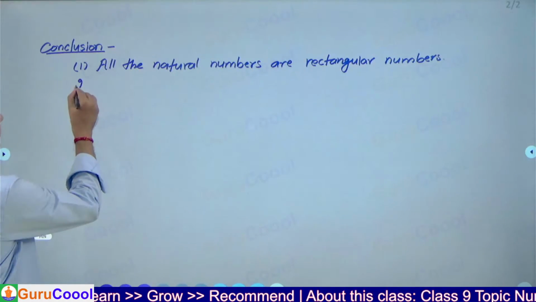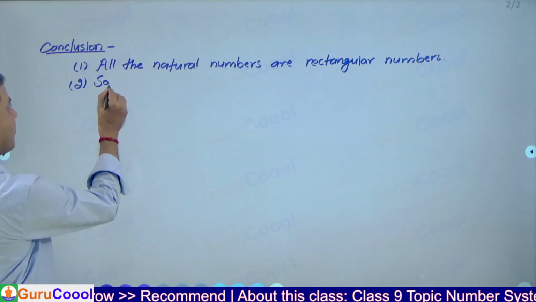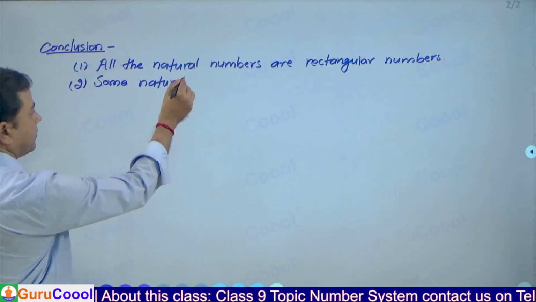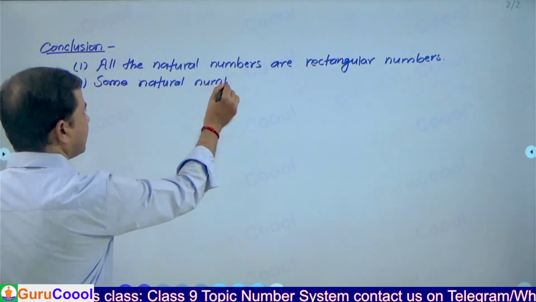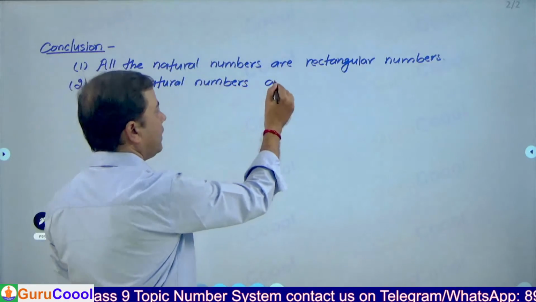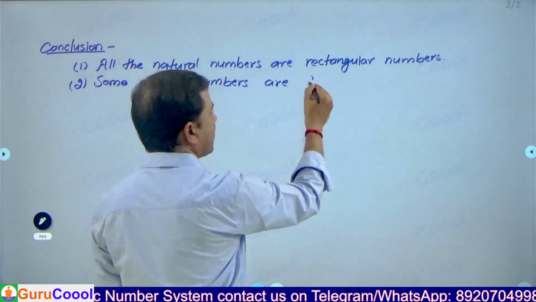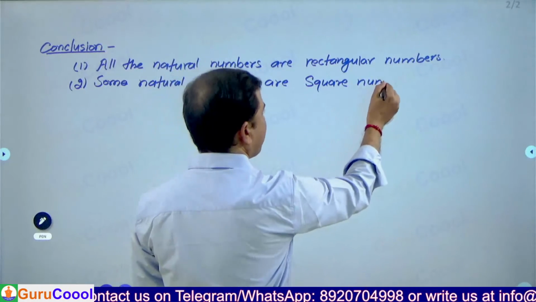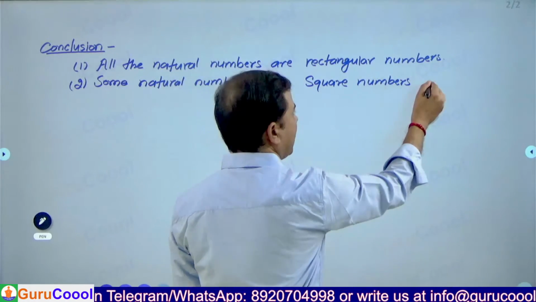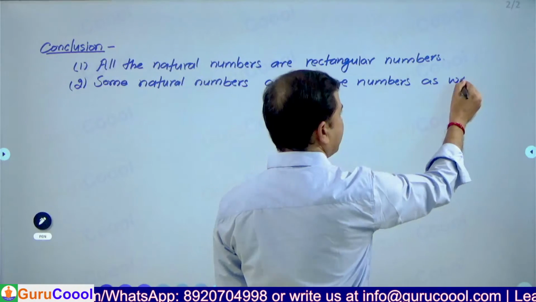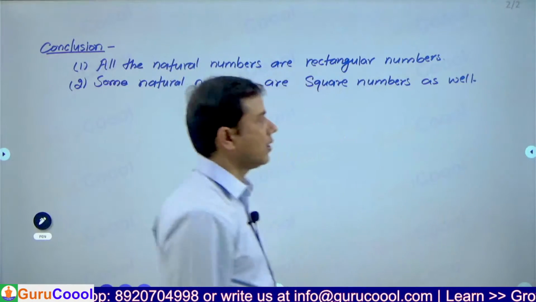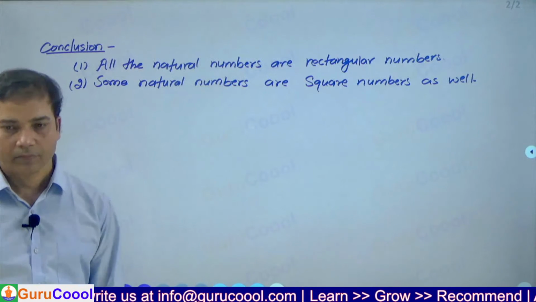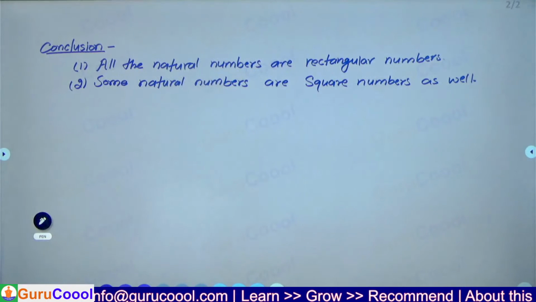Number 2, some natural numbers are square numbers as well. Is this meaningful to you? Yes, sir. Okay.